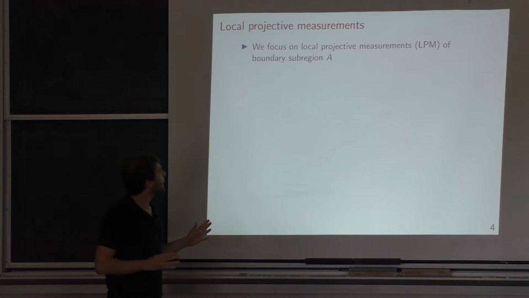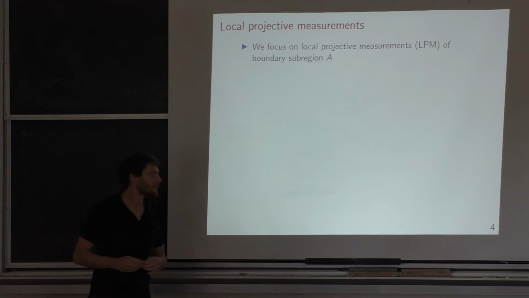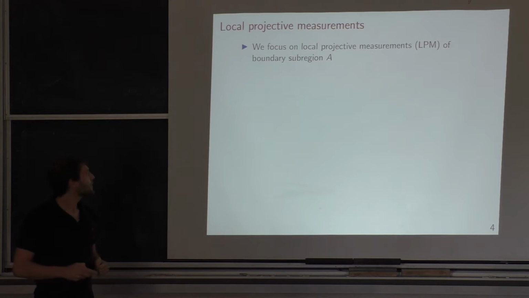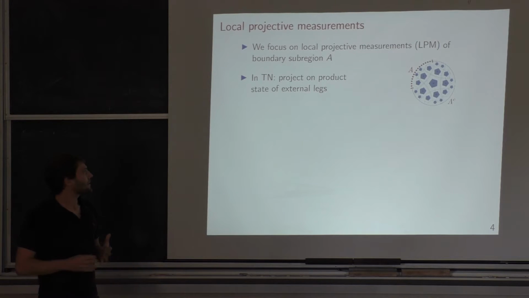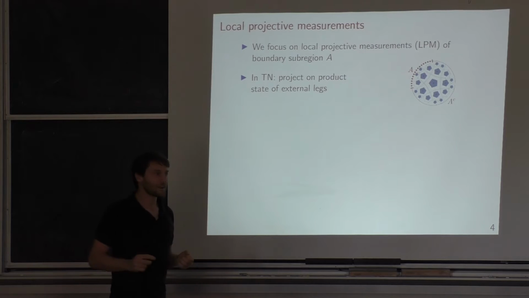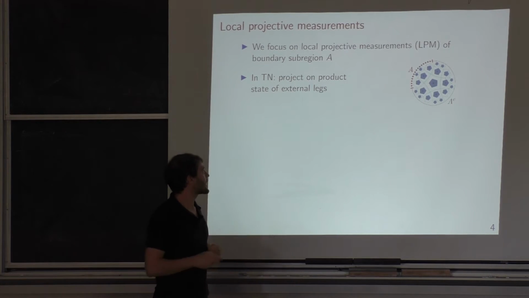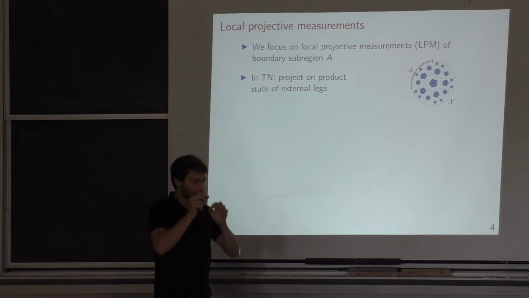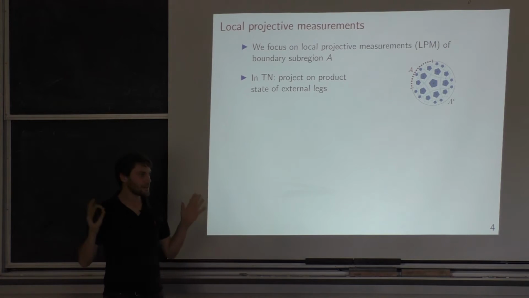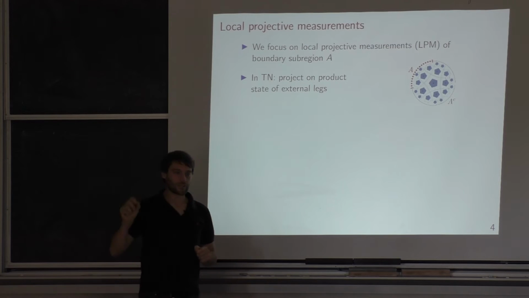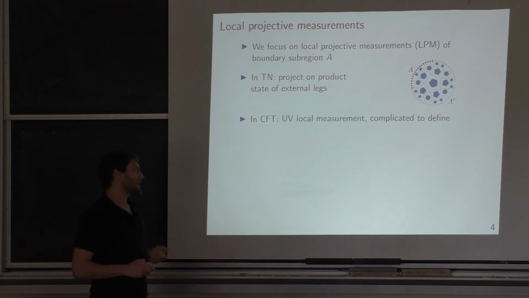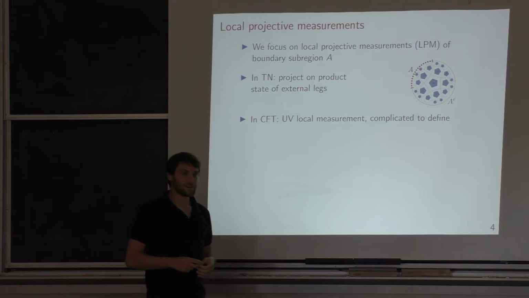Okay, so I will focus on a local projective measurement on some subregion A of the boundary. In a tensor network, this is pretty naturally defined, in the sense that you just take the external legs in your subregion A and project them independently on some product basis. And so you obtain just a local measurement on each leg. Now in the CFT, this is much more complicated to define.